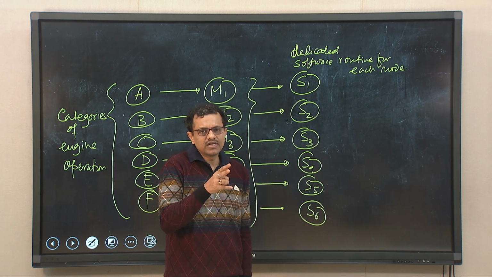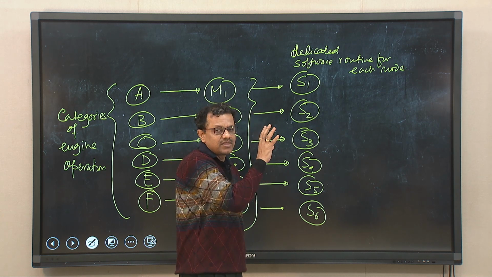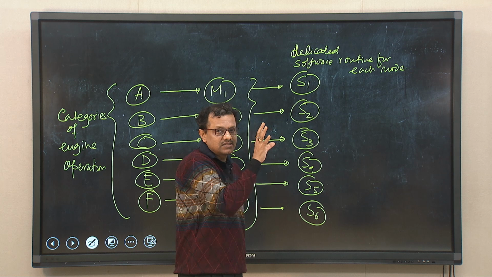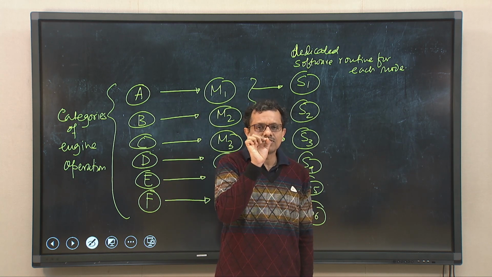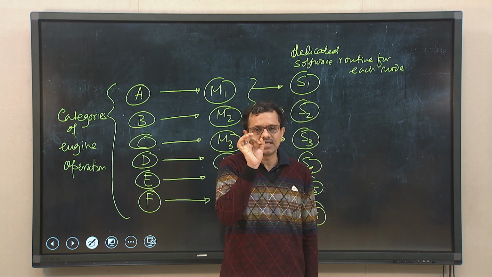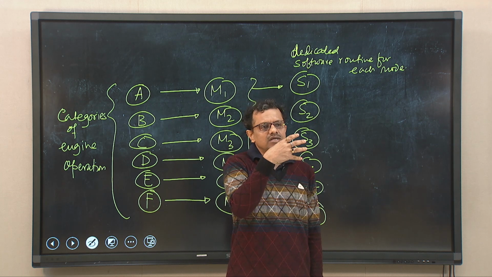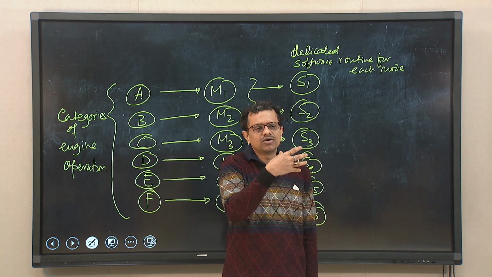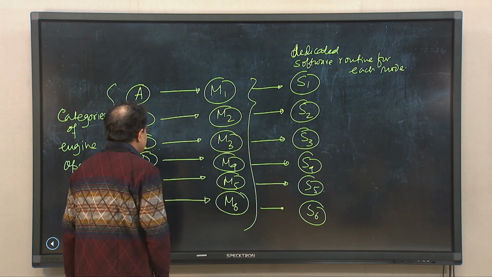These two categories should be controlled by two different modes, but essentially the engine control unit, the central part, should be able to supply the required quantity of air-fuel mixture, or fuel to be precise, for all the modes, even though the engine is switching from one mode to another. That is very important.